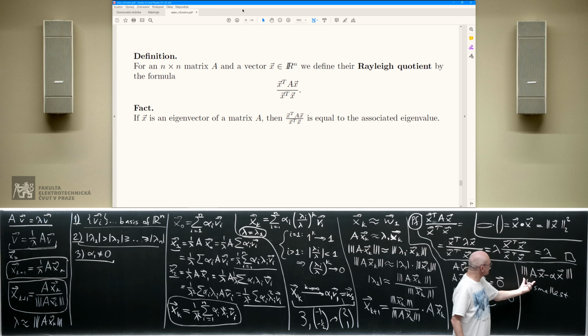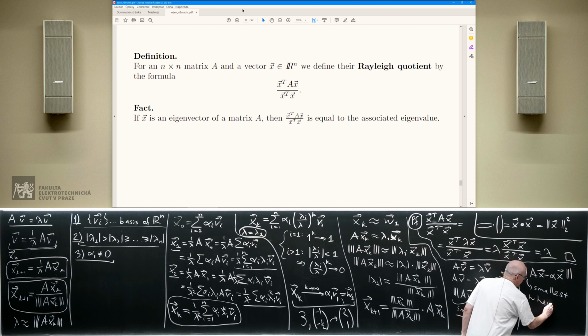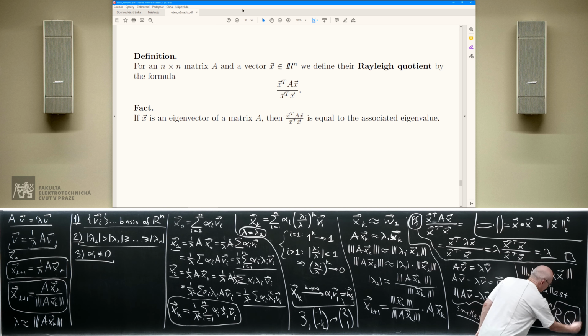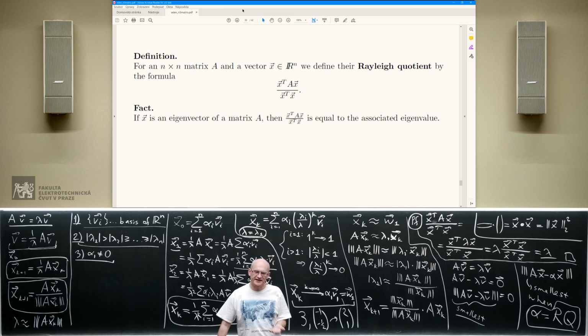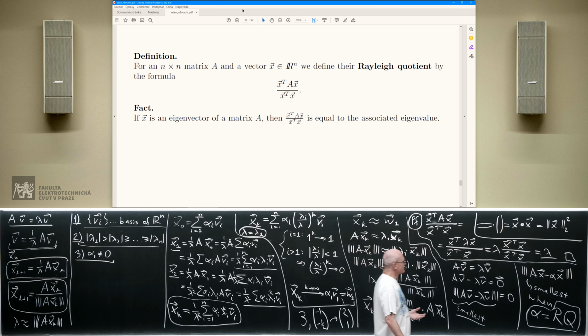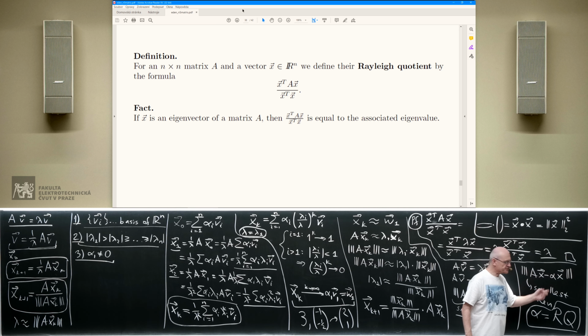The smallest value means that this vector and this vector are as close as possible. And the closest situation appears exactly when alpha is the Rayleigh quotient. So the Rayleigh quotient provides us with the best guess at the eigenvalue, which makes a lot of sense.